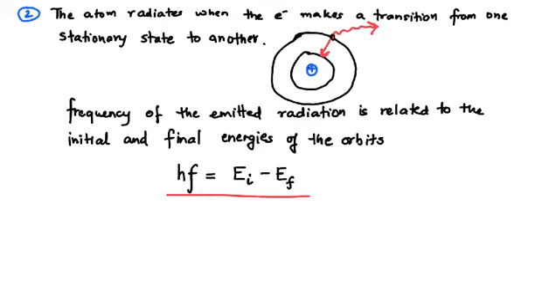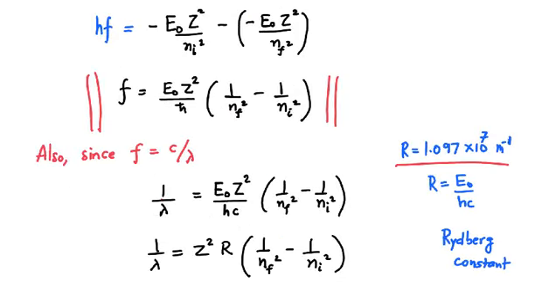We saw that atoms don't radiate unless an electron transitions from one orbit to another. In more general terms, because we know that energies are quantized, we can write the energy of the n_i orbit minus the energy of the n_f orbit. I can continue solving this equation.